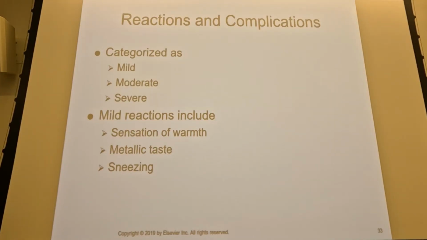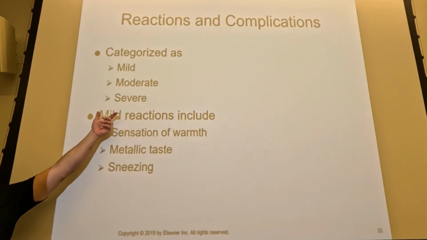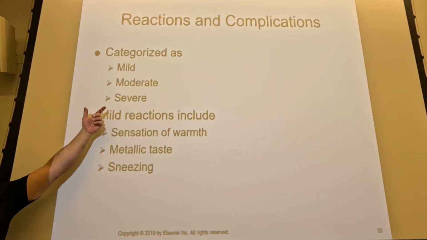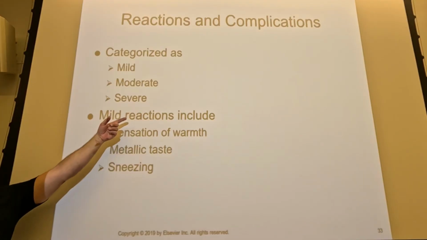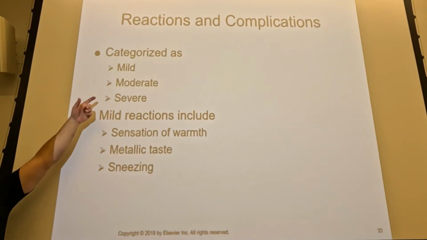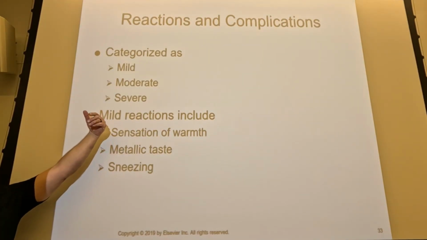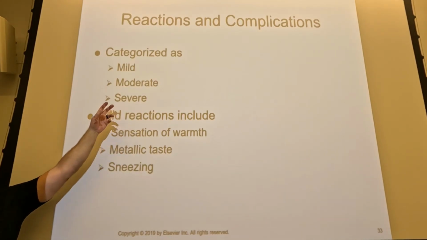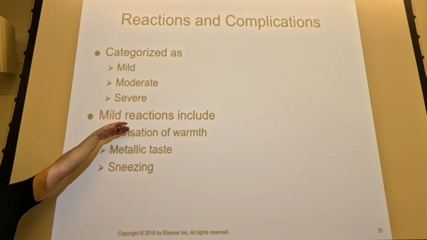But mild, they get into moderate and they start talking about respiratory distress. To me, that's severe. How long are you going to live if you can't breathe, right? So the thing is, these can progress. Mild may be itching, moderate may be respiratory distress, and severe is anaphylaxis.